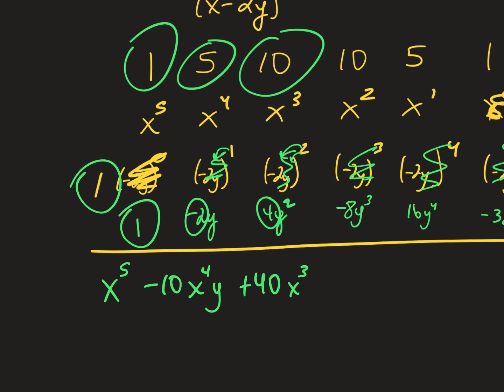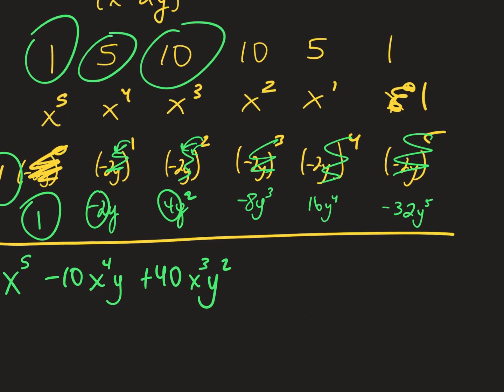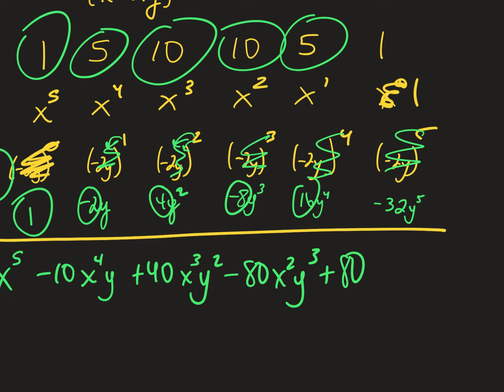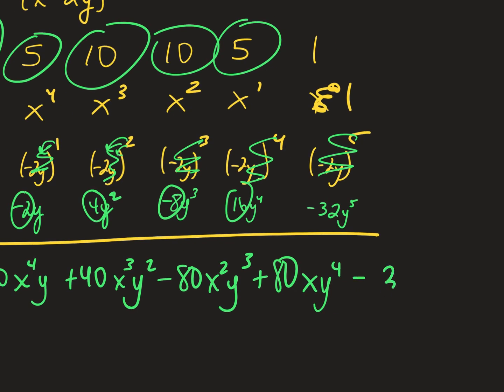X cubed, y squared. You guys with me? Okay, so 10 and negative 8 is negative 80. X squared y to the 3rd. 5 and 16 is plus 80. X y to the 4th. And then I have minus 32y to the 5th.